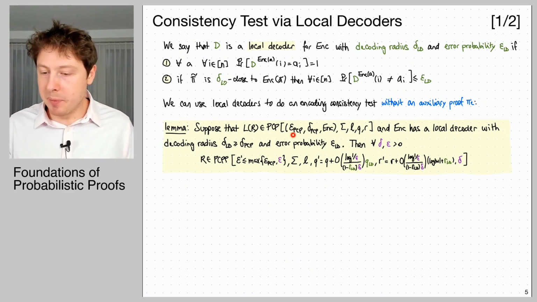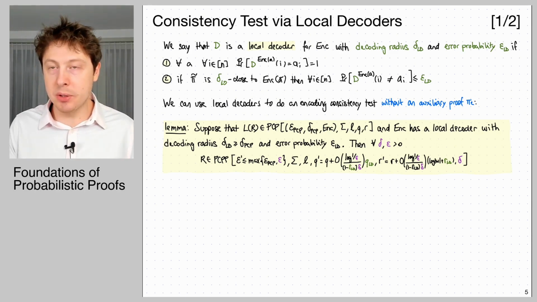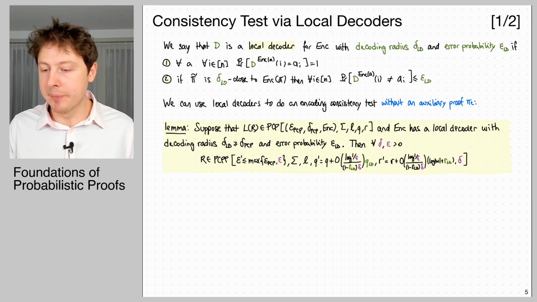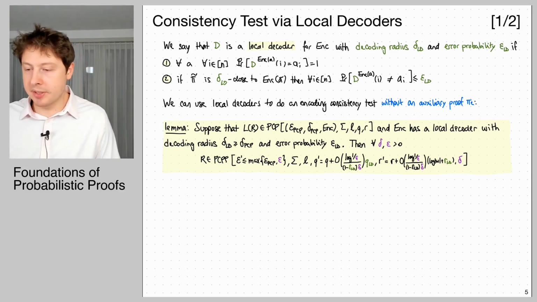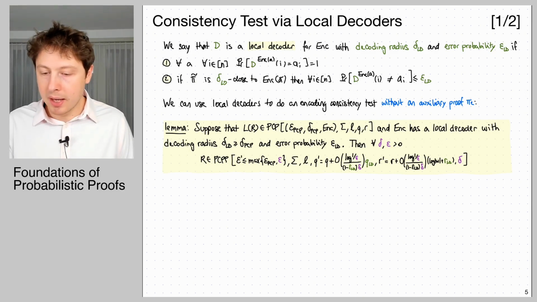If you give me some PCP that is epsilon delta enc sound according to the definition earlier, and whatever parameters, and also the enc under which the witness is encoded has a local decoder with the coding radius that is above this distance here, and some error probability, then we have this kind of smooth construction that for any proximity parameter you want and any epsilon soundness error, I can construct a PCP of proximity for the relation underlying the language.